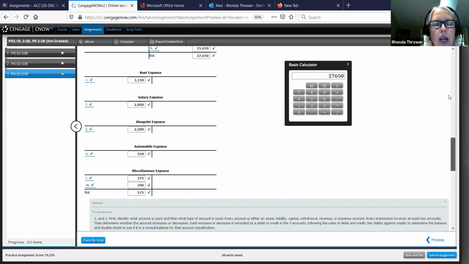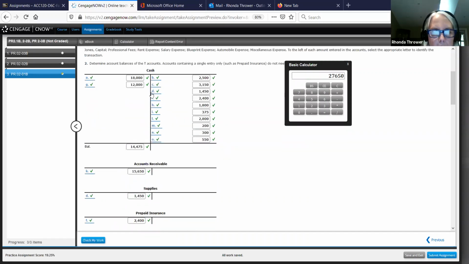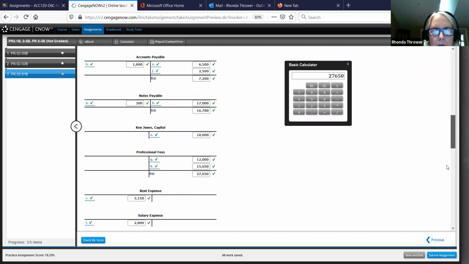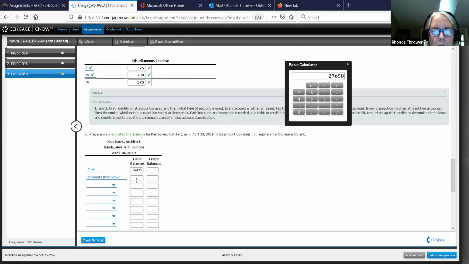How did I know that? Just look at the T accounts. The next one that shows up is accounts receivable. Accounts receivable is an asset. It should have a debit balance. The balance is $15,650. You're just copying.